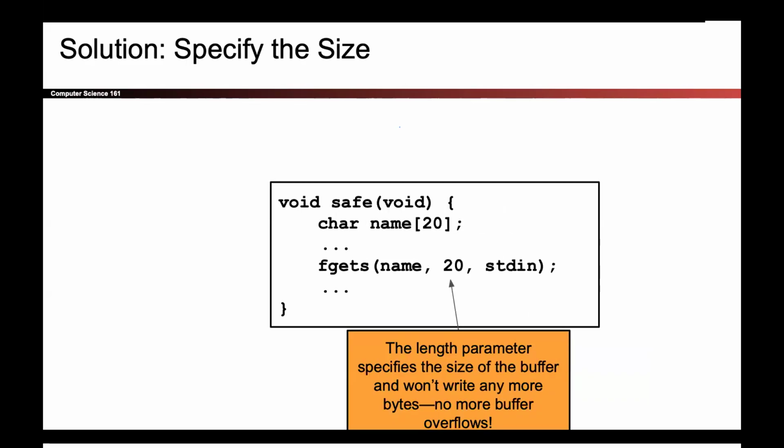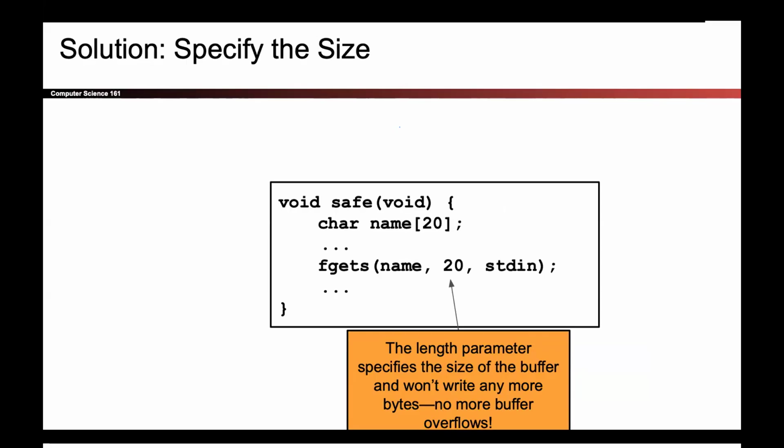Okay. So what's the fix? The fix is don't use gets. Instead, use some function that is limited in how much it will write, so that it will never write more than the amount of space that was allocated. So you call fgets and you say don't write more than 20 bytes.